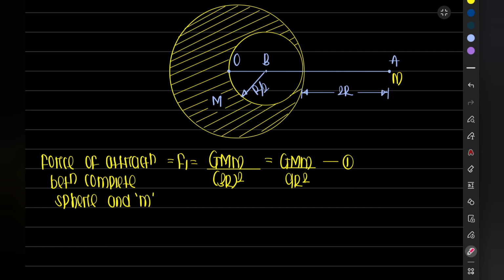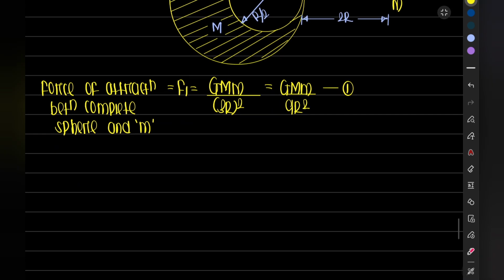So instead we can do one more thing. I will find the force of attraction between this removed part and this small m, and simply take the subtraction of the force because of the complete sphere and the force because of this small removed sphere. Let me show you how we can do it.